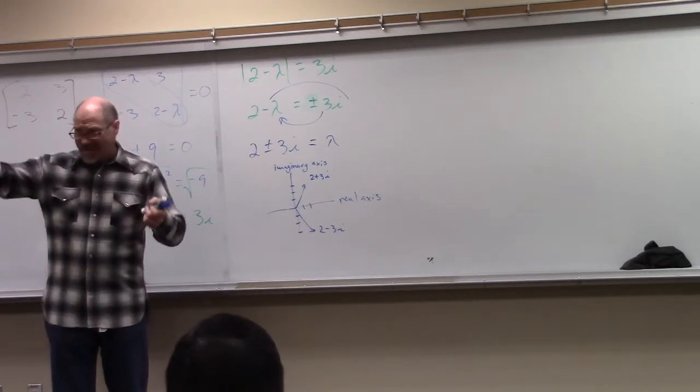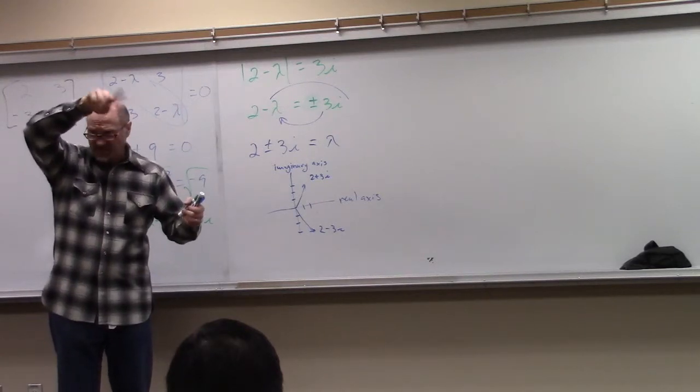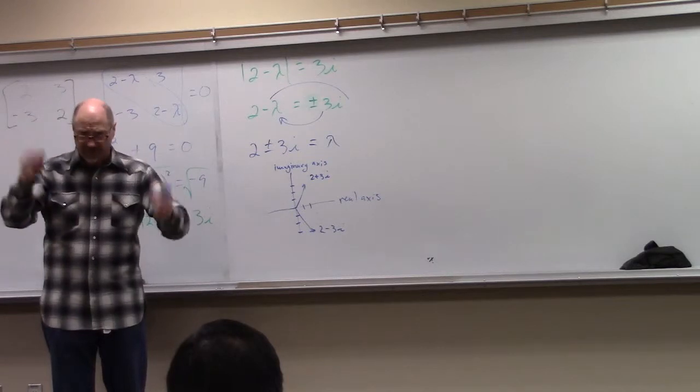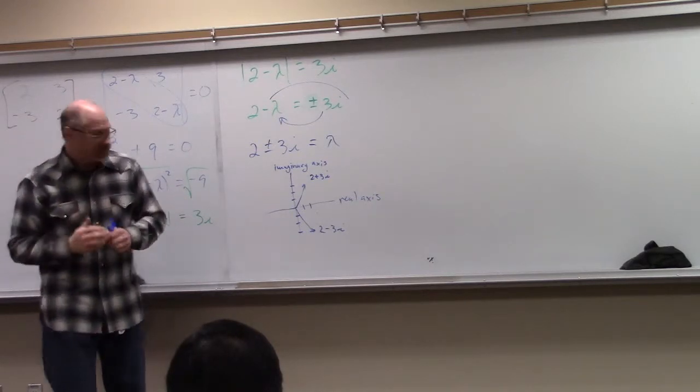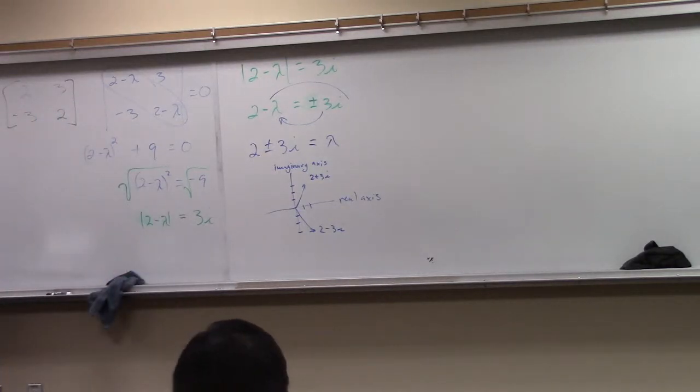So you have like a times i hat plus b times j hat plus c times k hat, and the magnitude of that is the square root of a squared plus b squared plus c squared, right? Well, what's the magnitude of this vector? I'm thinking that that's what's asked in your handout. It says find the eigenvalues, and then later it says find the magnitude of the eigenvalues of A.